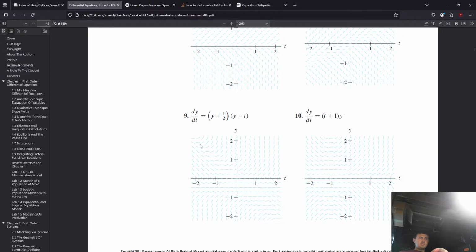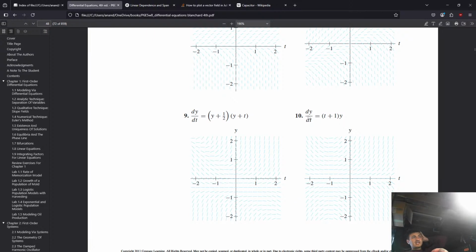But if y equals minus 1/2, I'm trying to think. So yeah, I guess this gets pulled apart. These ones kind of come together and then come apart there.